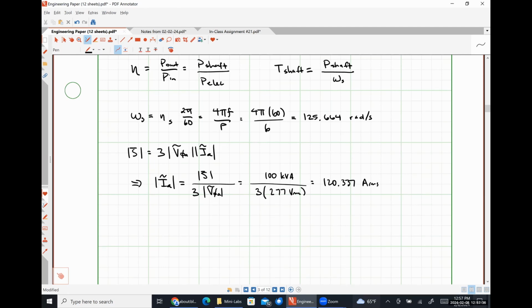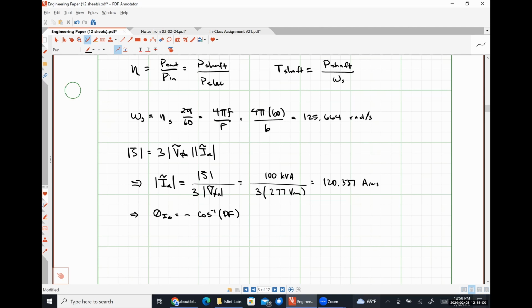We have a similar situation to last time. So without doing any derivation here, I can say that theta IA is going to be negative the inverse cosine of our power factor.